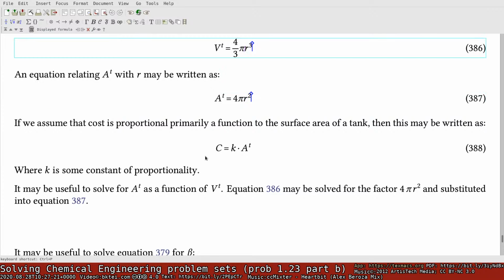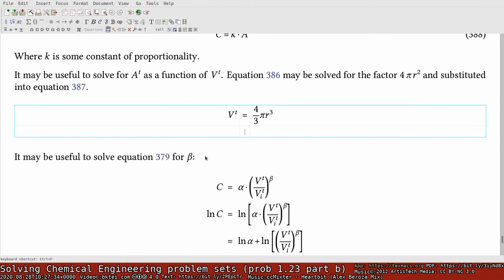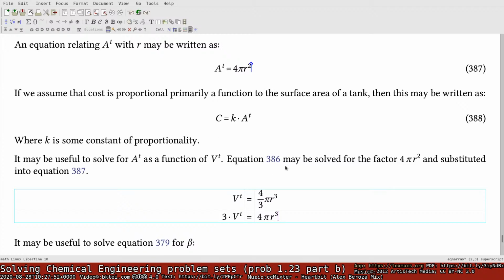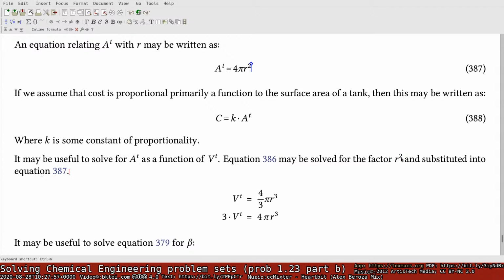So go ahead and start with this equation. Vt is equal to 4 times pi times r. Probably not going to get that absolute factor, so let's just do r squared instead.